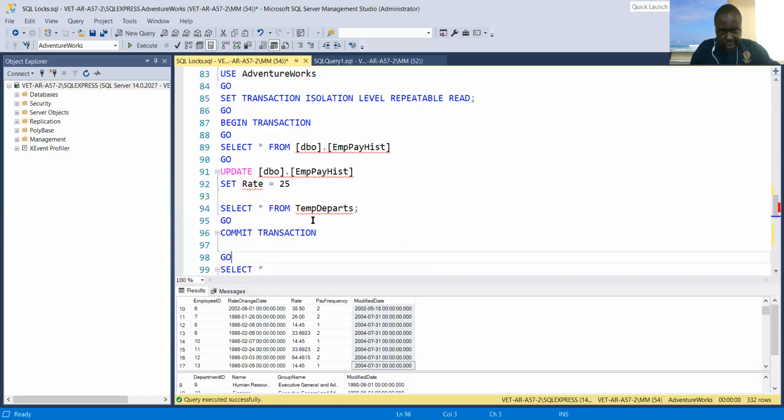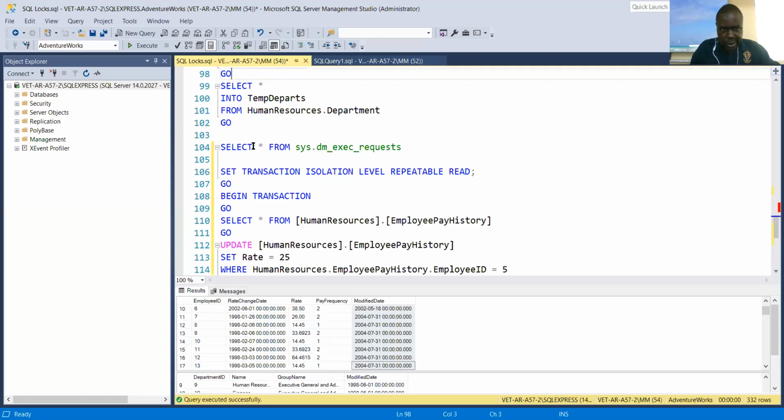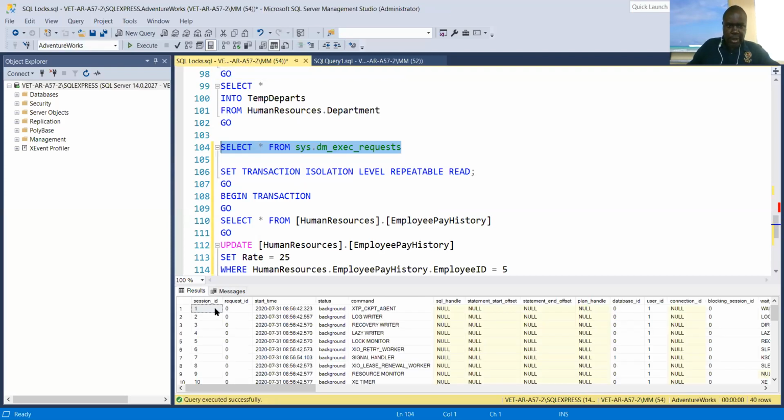Let's see. Okay, this is the one. So it's going to show you a lot of information about the sessions: session ID, request ID, time, status, command, SQL handle, statement start offset, and so on, all that information.